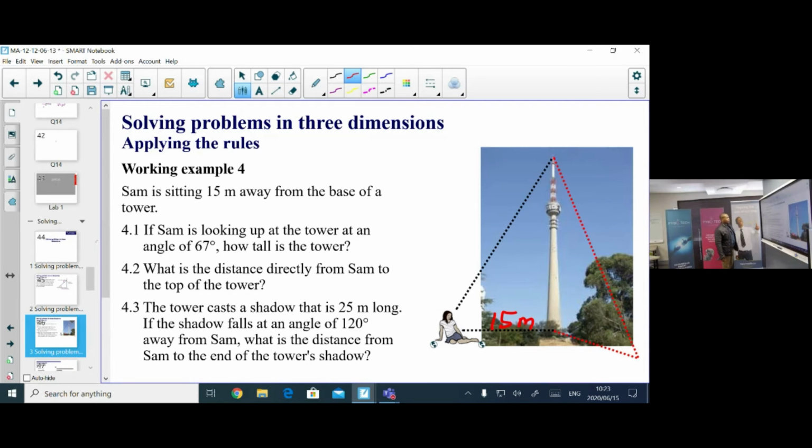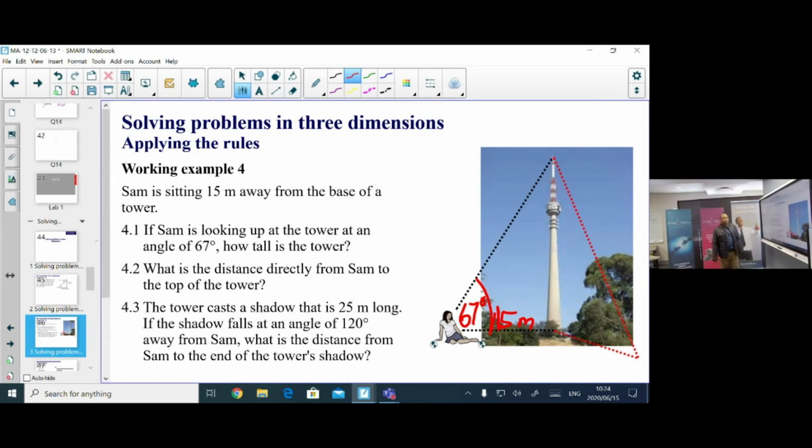If Sam is looking up at the tower at an angle of 67 degrees, how tall is the tower?